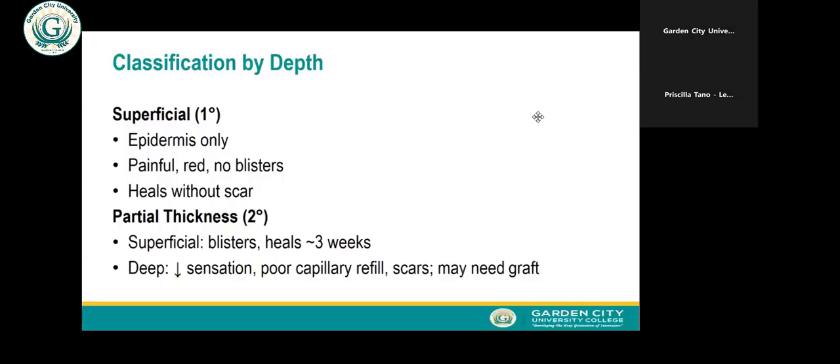Blisters will be formed. It is moist and very shiny. But blisters may be delayed between 12 to 24 hours after the burns. The word is may, it may delay. And then between about 3 weeks, there's healing.